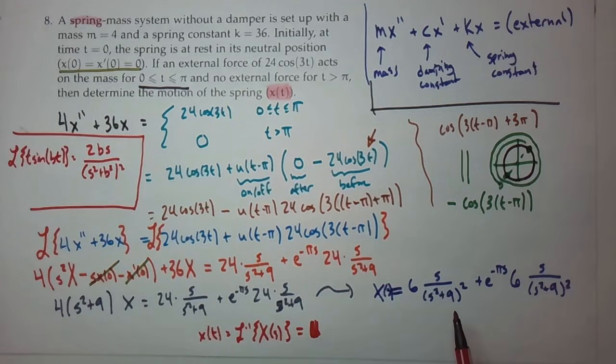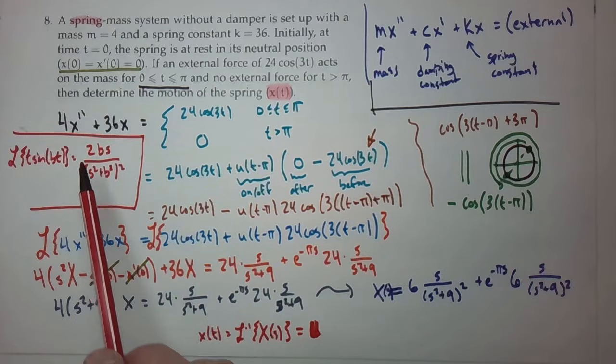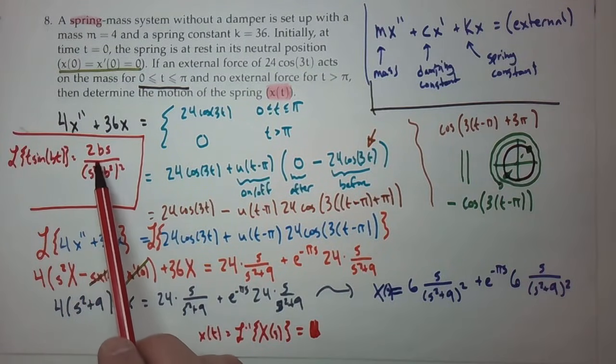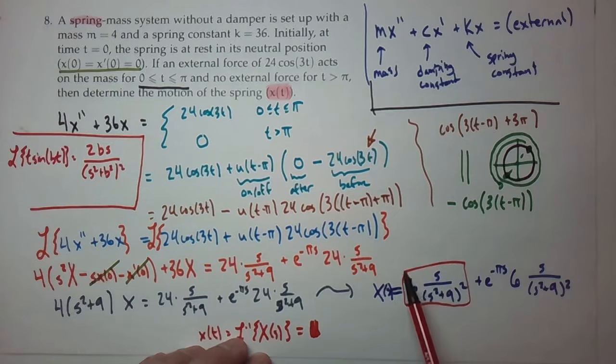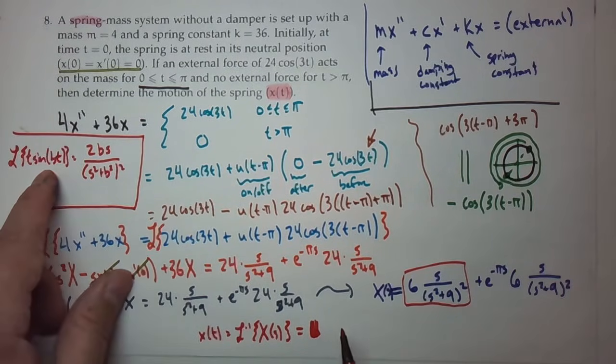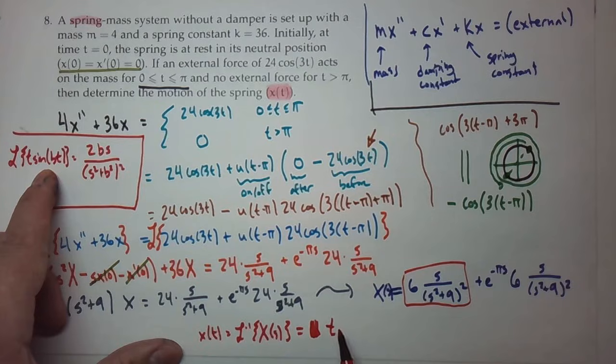Let's see what we have here. We certainly have the s squared plus something squared squared. On the top we have s. What would we like attached to this s? 2b. Ah, I have a 6. So the inverse Laplace of this part right here would be t sine 3t.